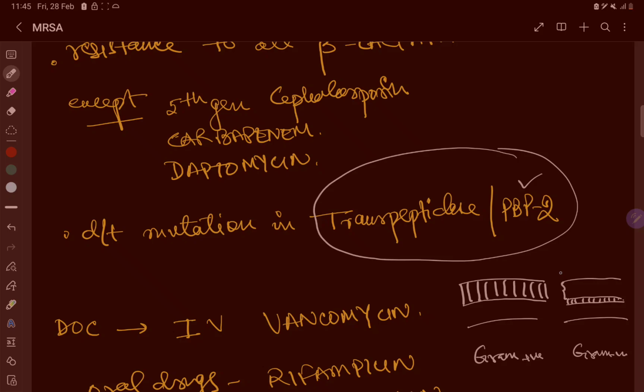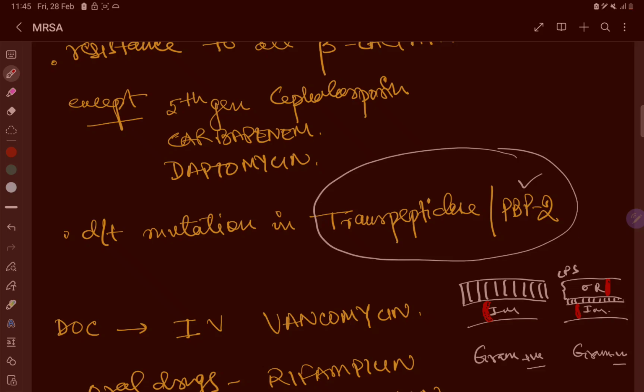Here is the LPS, the outer ring, and this is the inner membrane. In the gram positive and gram negative membranes, we see penicillin binding protein here also and here also.